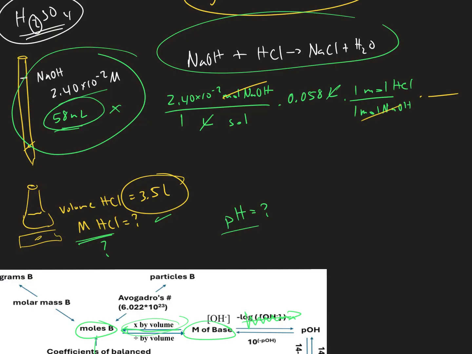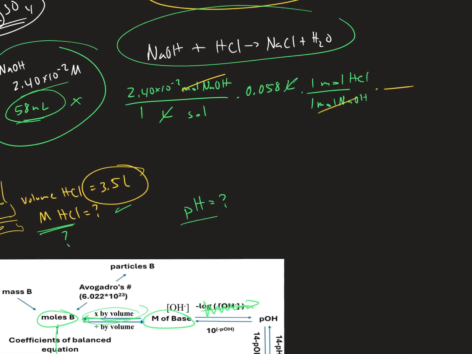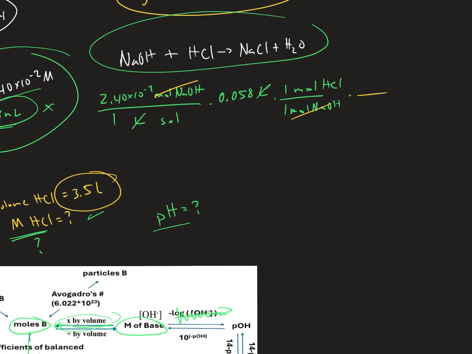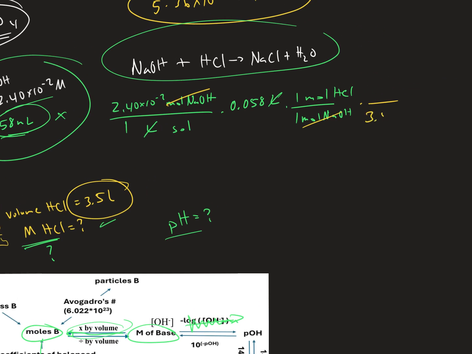And if you forget, it says right here what we do. Yeah, we divide because we're going this way, right? But dimensional analysis will tell us what to do. We want molarity, so liters has to be on bottom. So what is it, 3.5? So now we have molarity of HCl, and we can find the concentration right there, be done.